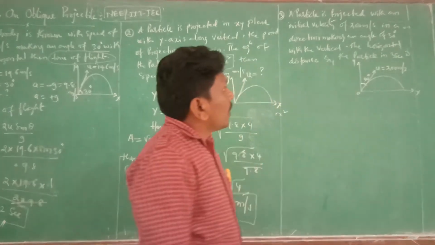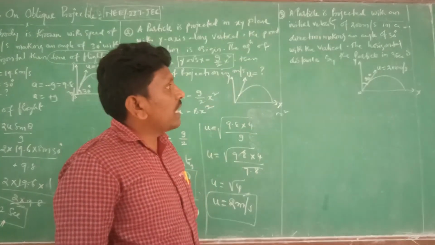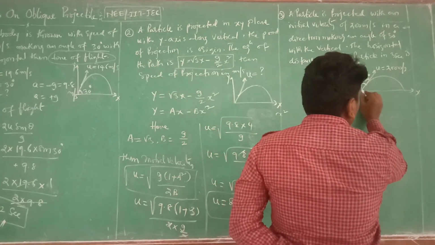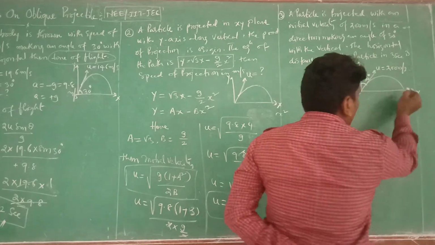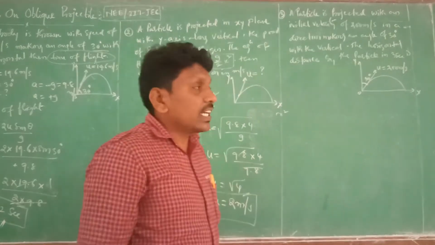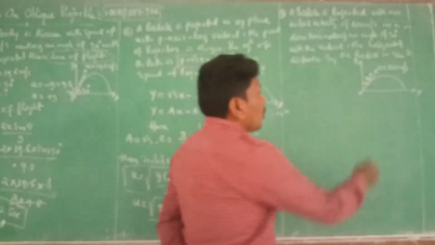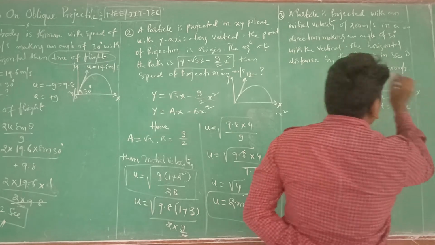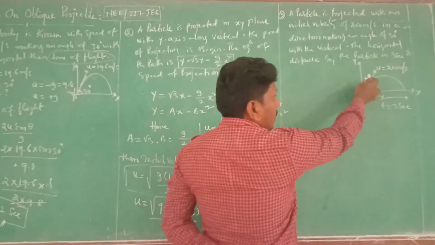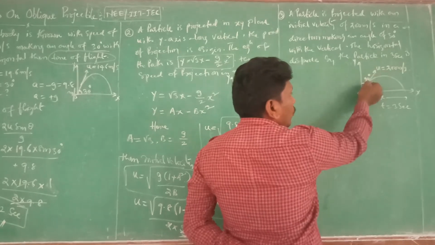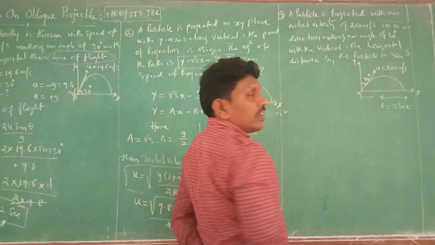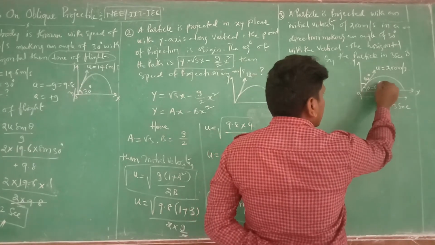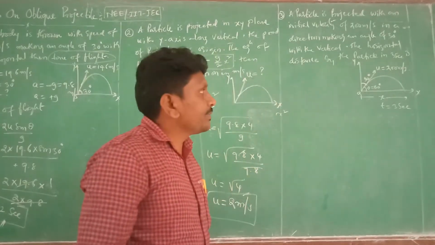The horizontal distance by the particle in 3 seconds. This is the distance or range, we can say, within 3 seconds it covers some horizontal distance, that is t is equal to 3 seconds. So if this is the angle of the initial velocity to the vertical, then theta is equal to 60 degrees, 90 minus 30, 60.